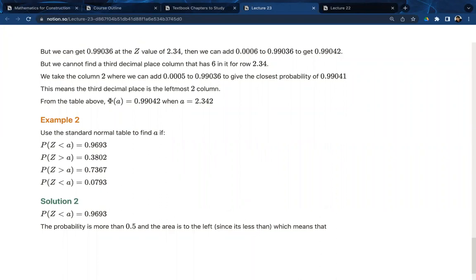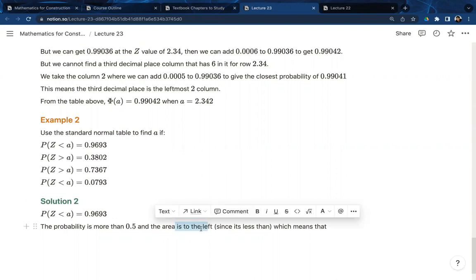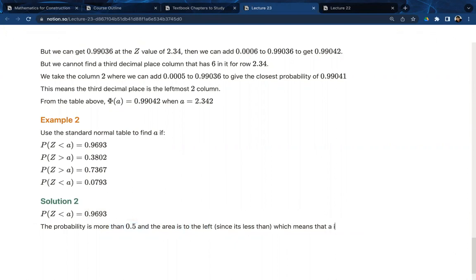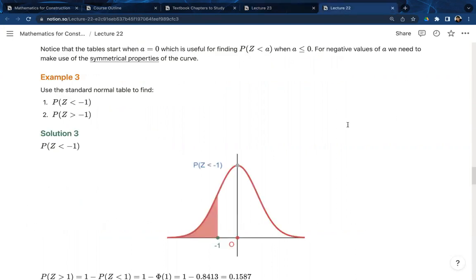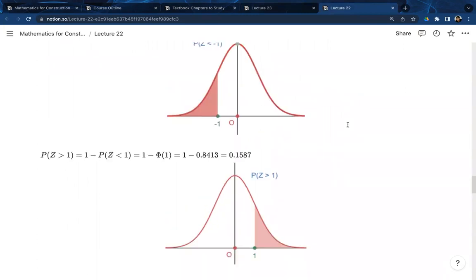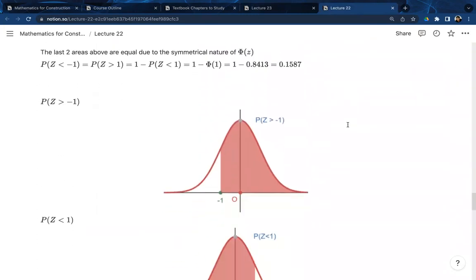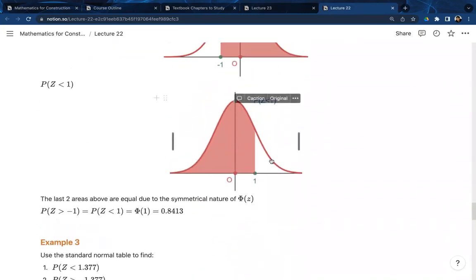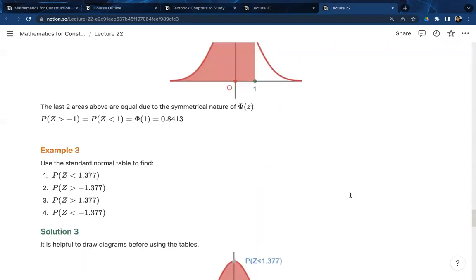Since it's less than, is to the left. So the area to the left is greater than 0.5. So this means that A is positive, right? And we have a situation where A is positive. We have a situation like this, this diagram here, right?